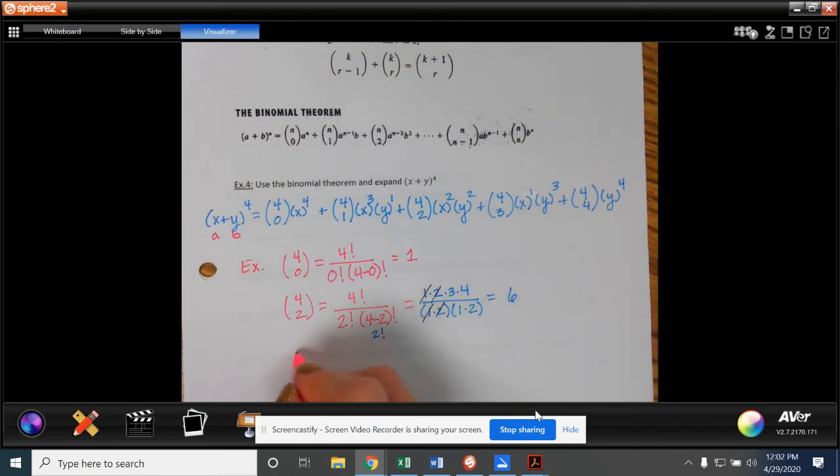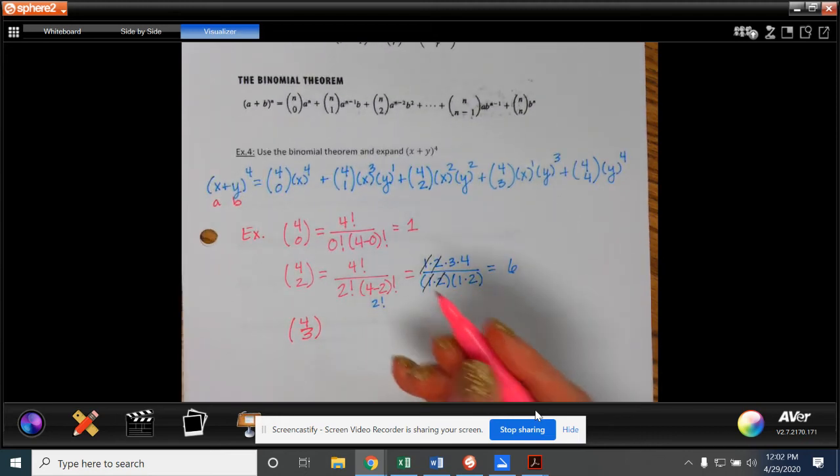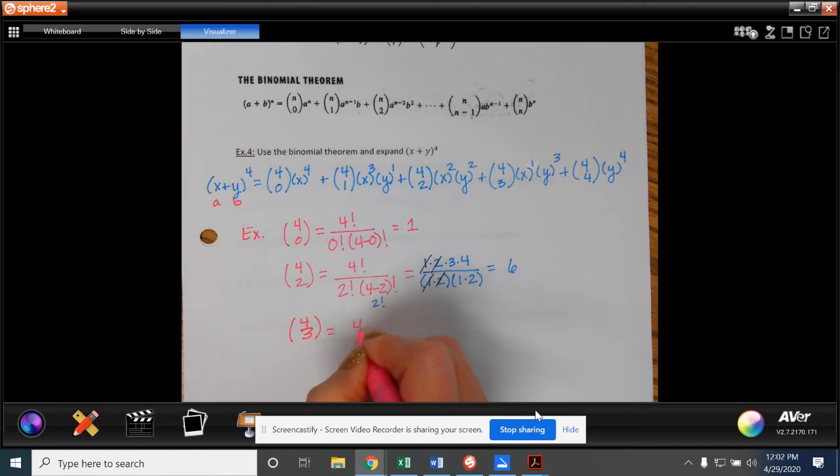Now, again, maybe I'll do one more, and that would be 4 over 3. I almost put a division. But you would do the same thing for each of these coefficients. So I would have that equal 4 factorial over 3 factorial. And then what's 4 minus 3? It's 1 factorial.